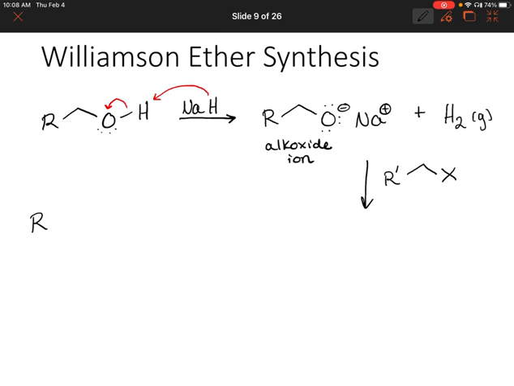So remember earlier we drew the ether where one of the R alkyl groups had a little prime or quotation symbol next to it. And that just indicates that we might have a different group. So this could be an asymmetrical ether.